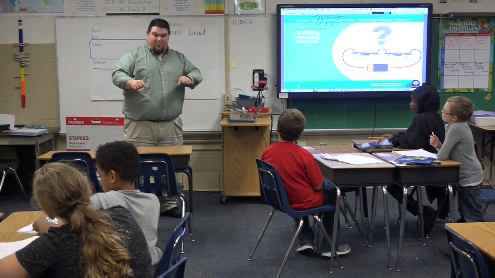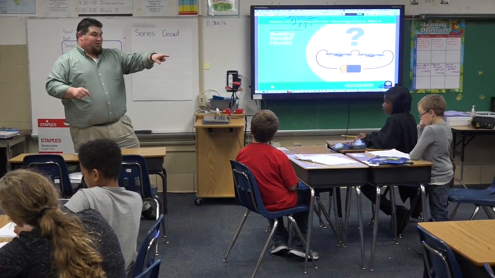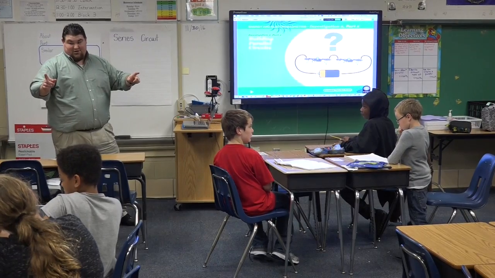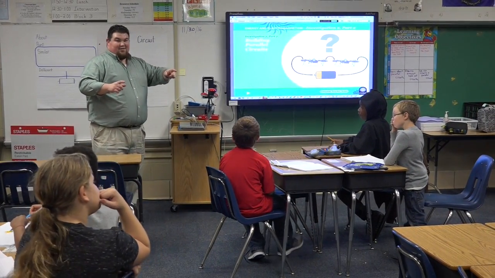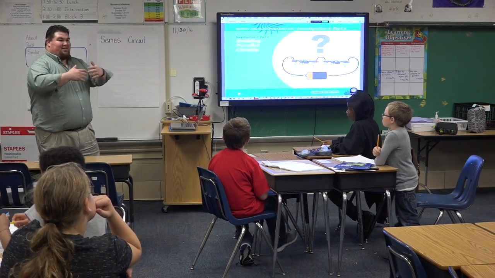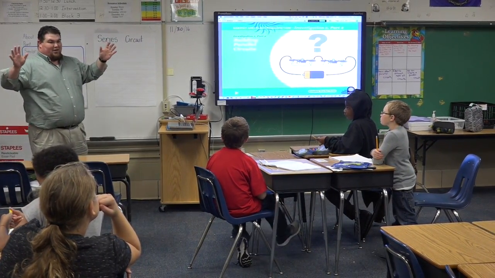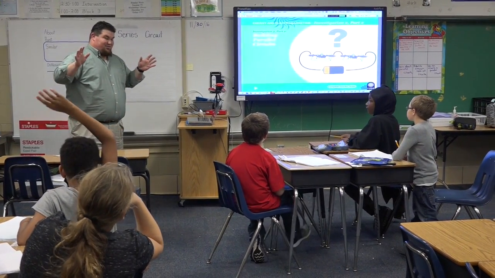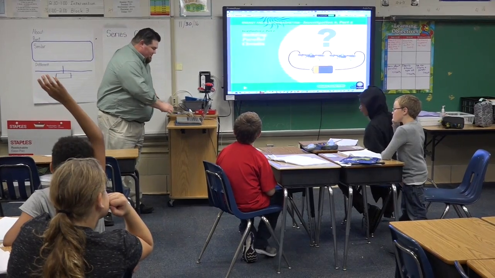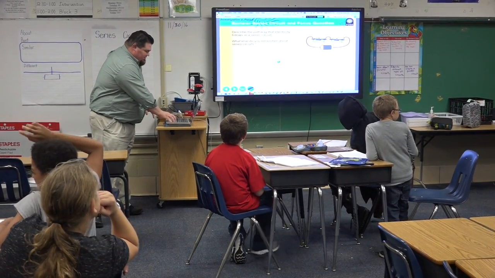But this group, Nasir yesterday, actually built a parallel circuit. He didn't know he built a parallel circuit. It was an accident, but he figured it out. So everybody yesterday, when I handed this stuff out and said go, Nasir's the only one that figured out how to do a parallel circuit. So I'm interested to see if he can do it again today, or if he just lucked into it yesterday. By myself? No, in your group. All right, so here is our focus question for today.